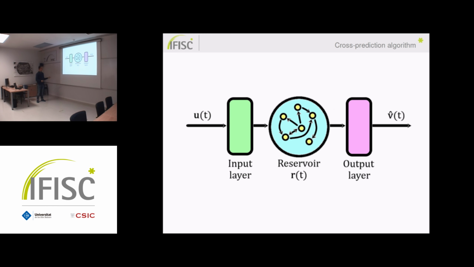And to do so, we can project the states of the nodes. And in this projection, we have a lot of free parameters that we can compute by doing a linear regression between the time series for these measurements that we have and the reservoir state.